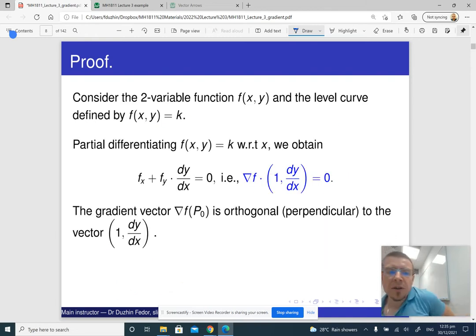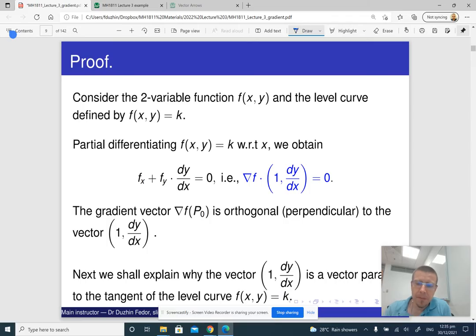So in other words, the gradient vector is perpendicular to this vector whose first entry is 1 and whose second entry is the derivative of y with respect to x when we consider y as an implicit function of x.